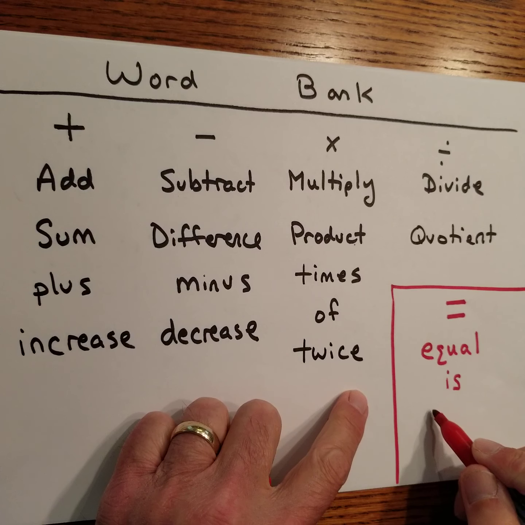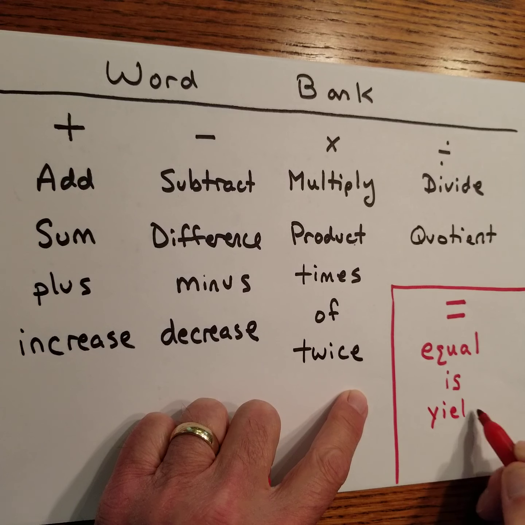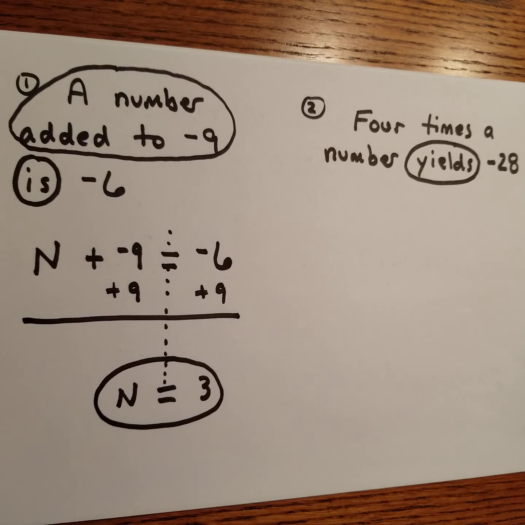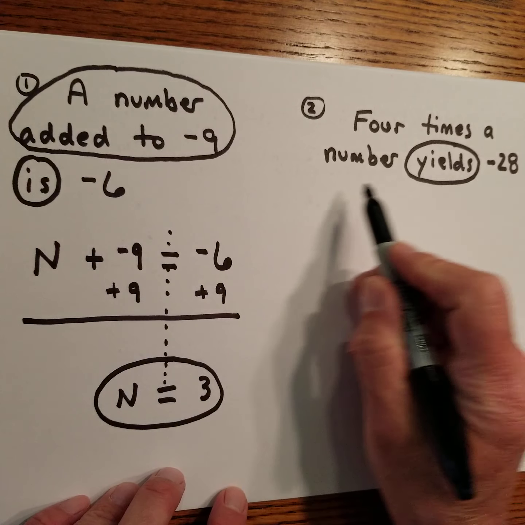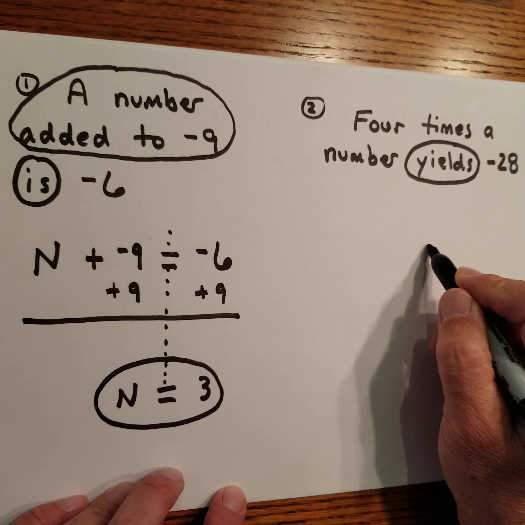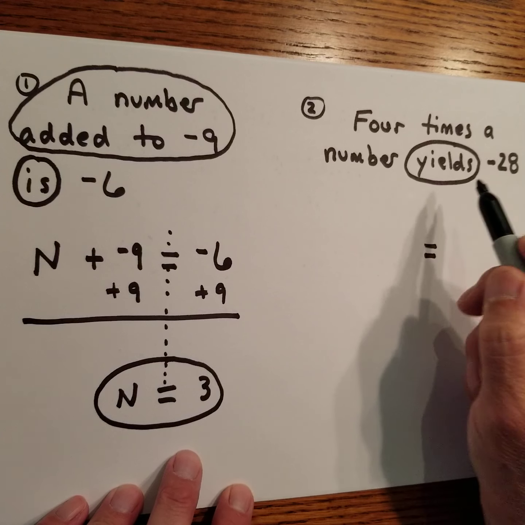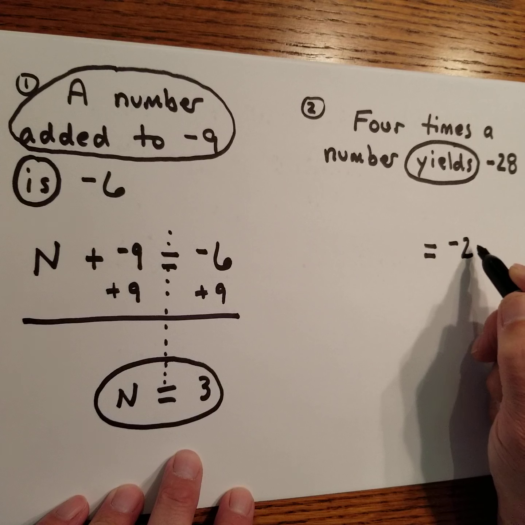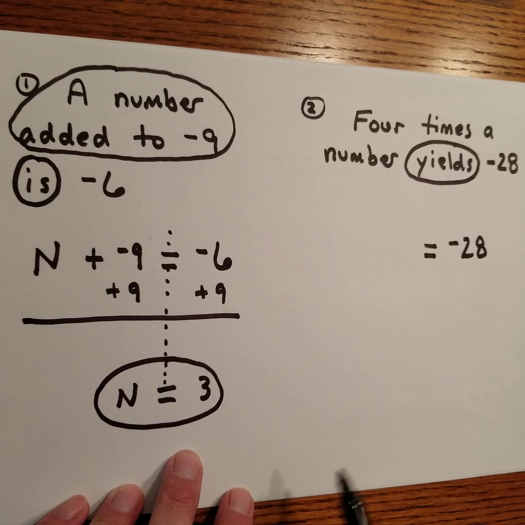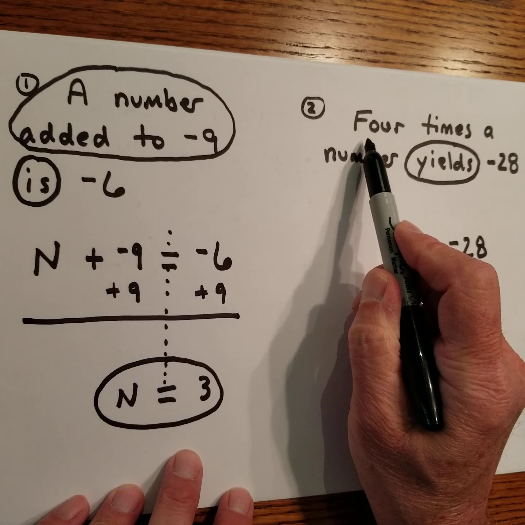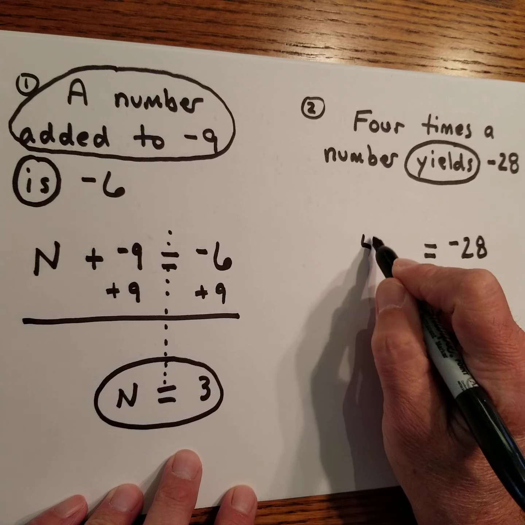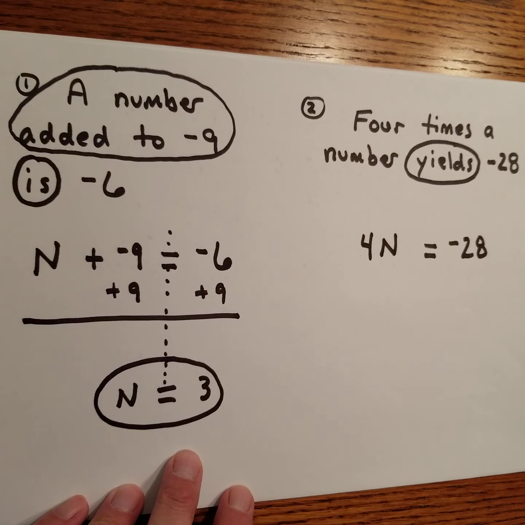Let's add the word yields to our word bank of things that mean equal. We skim the problem, we find the equal sign. Now, what's the only thing that comes after the equal sign? -28. What comes before the equal sign? 4 times a number. Well, I can write 4 times a number as 4n.